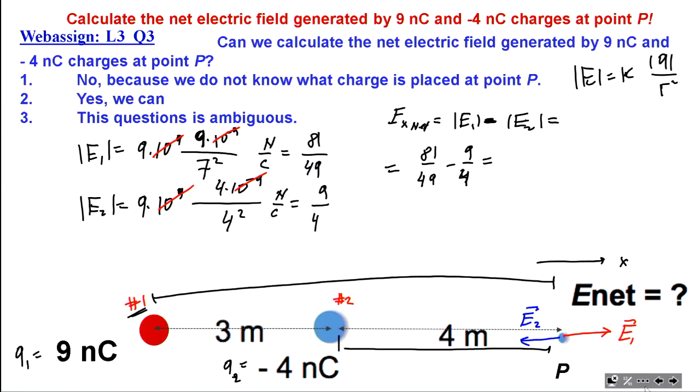Someone has to calculate it. And tell me the answer.